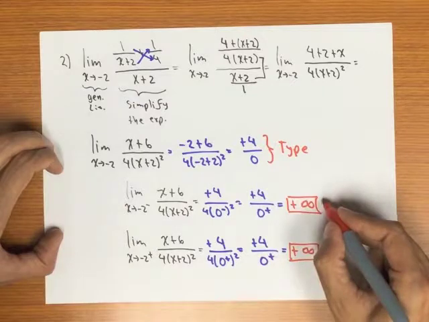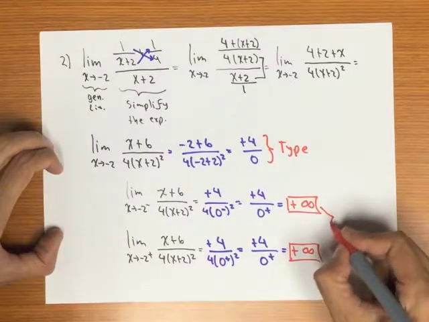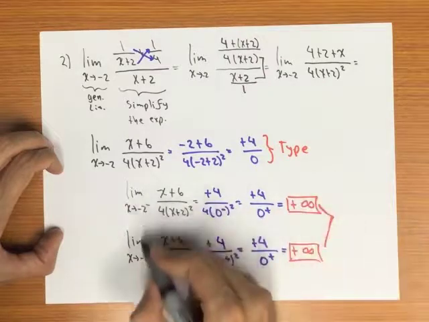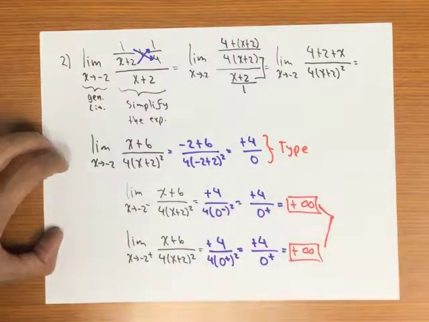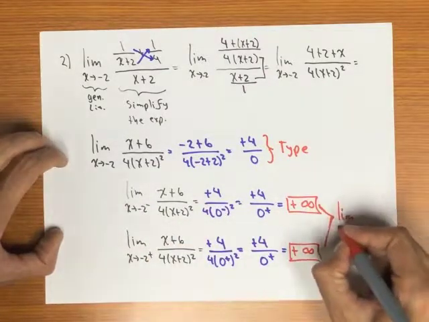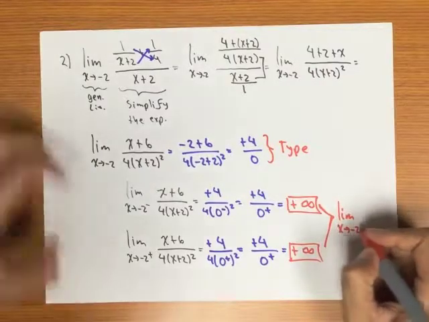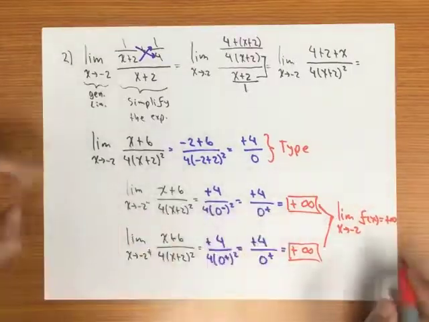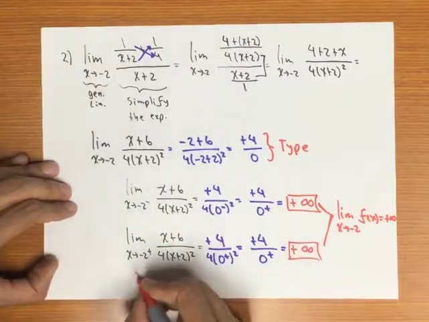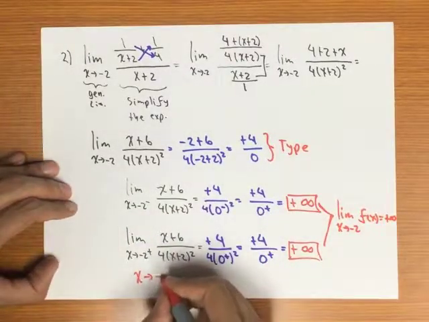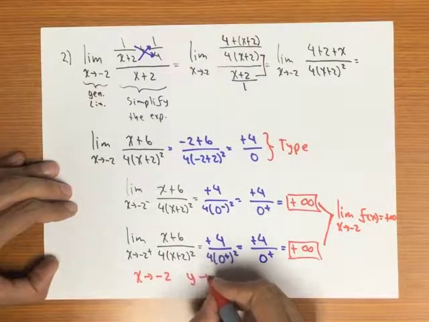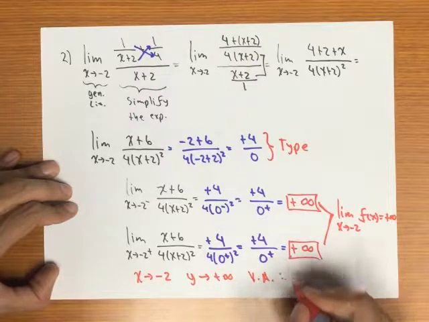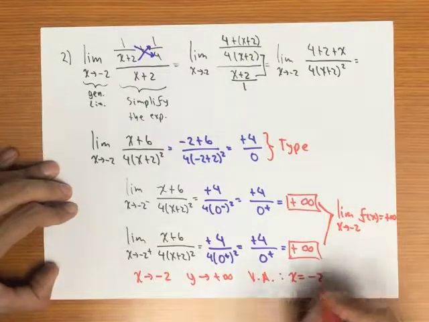Because the two limits are the same, positive infinity for both sides, you can say that the general limit of f of x when x approaches -2 is equal to positive infinity, meaning that when x approaches -2, y approaches positive infinity, and you have a vertical asymptote at x equals -2.